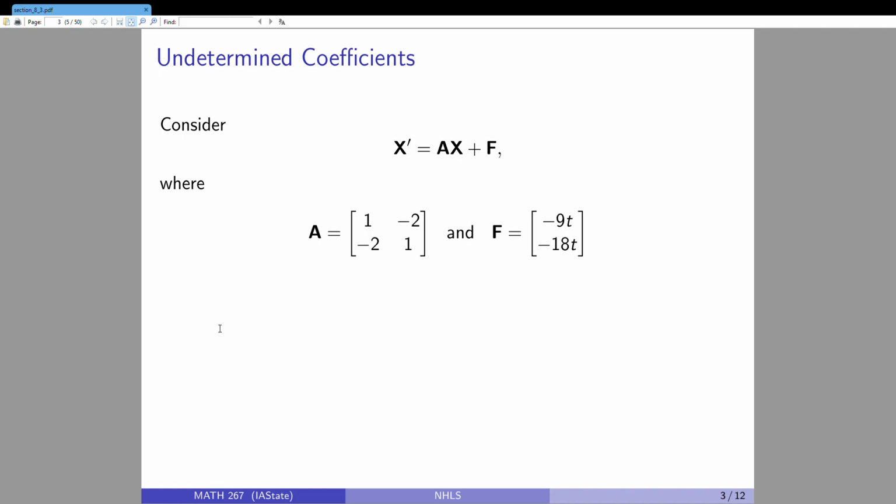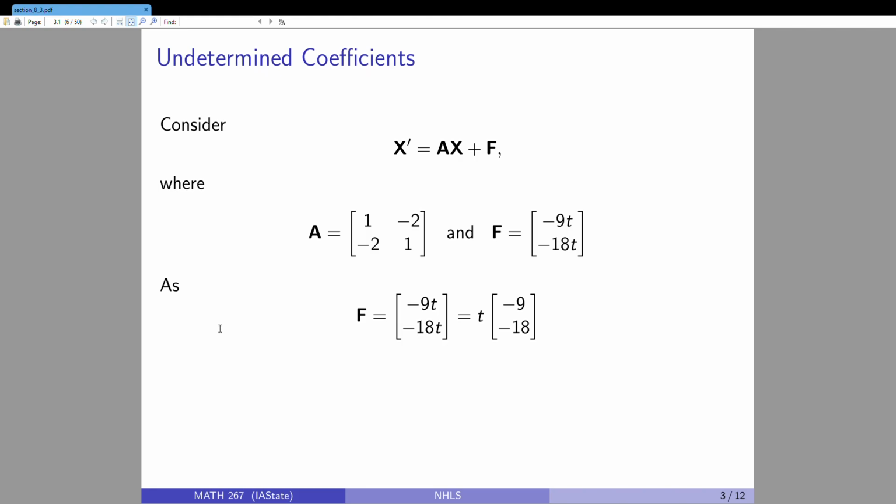For undetermined coefficients, the idea was to guess something that looked like the non-homogeneity, plug it in, and hope it worked. If I look at my non-homogeneity more closely, I realize that it looks like a polynomial. It's a constant term, and then there's a variable t.